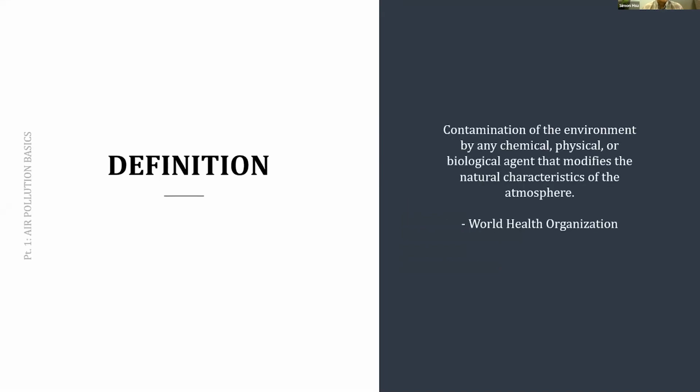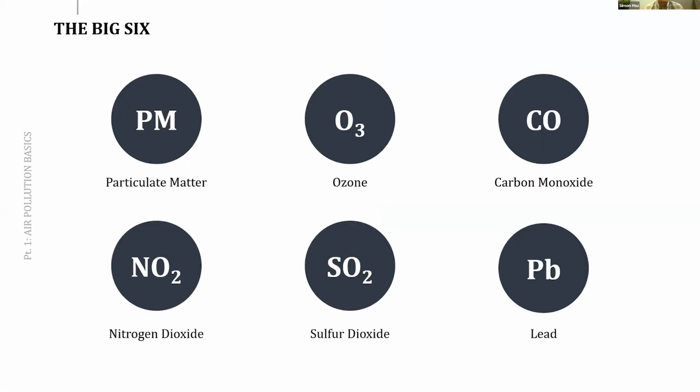So the World Health Organization defines air pollution as the contamination of the environment by any chemical, physical, or biological agent that modifies the natural characteristics of the atmosphere. And these are the 6 most common air pollutants, globally and in the United States. The World Health Organization regularly reports on all 6 of these.